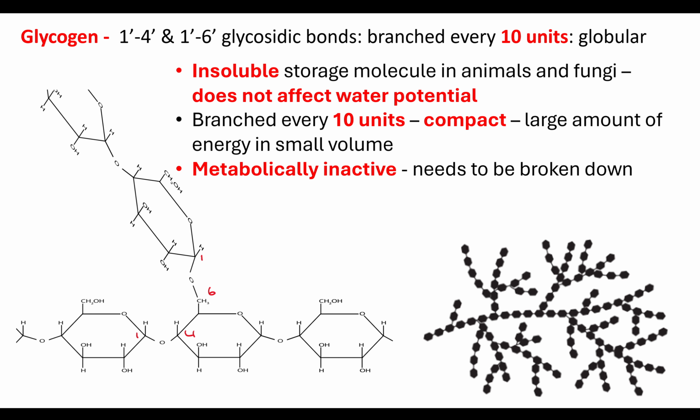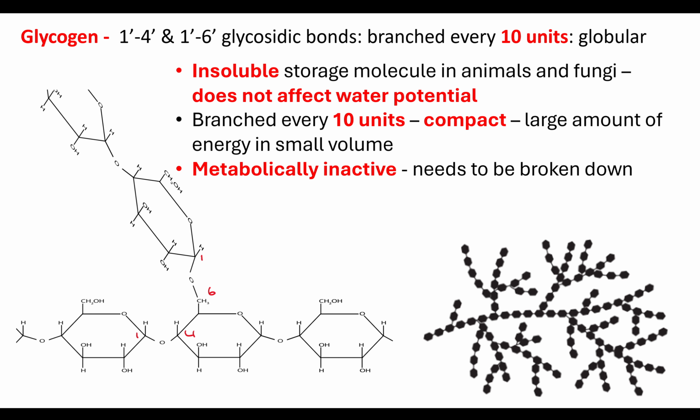So glucose is our respiratory substrate that we would use, and glycogen is our storage of glucose. So what we need to do is we need to be able to break it down into our glucose molecules so that it can then be utilized through aerobic respiration.